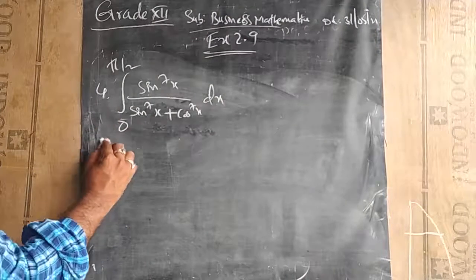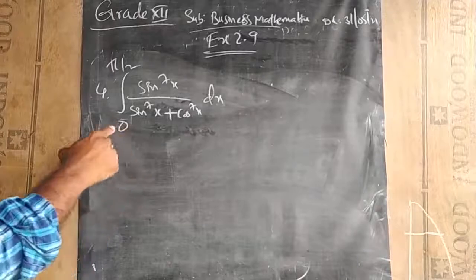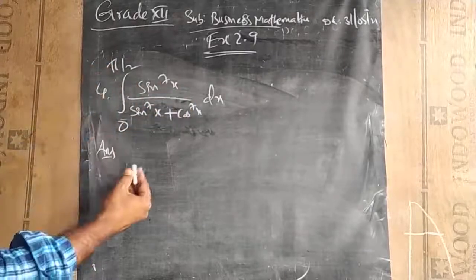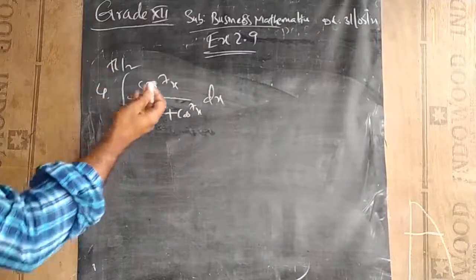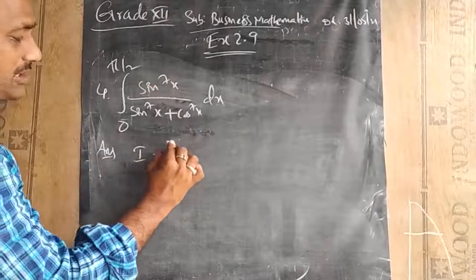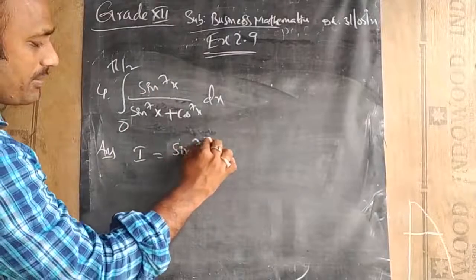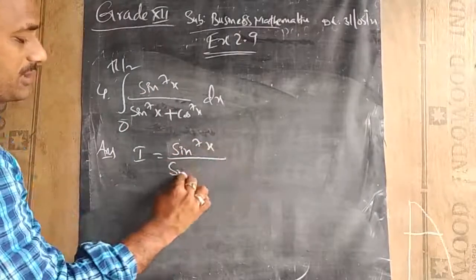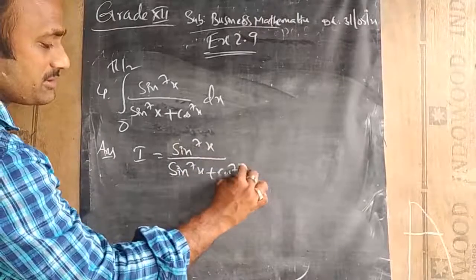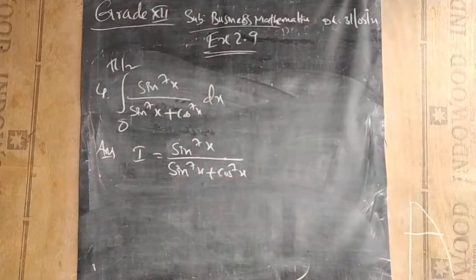Whenever trigonometric functions are there, and the integral is from 0 to pi by 2, we have learnt a formula, so it is better to make this as I. So let I be equal to sin power 7x by (sin power 7x plus cos power 7x).